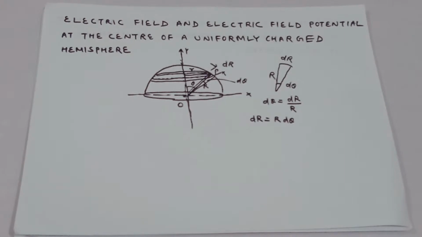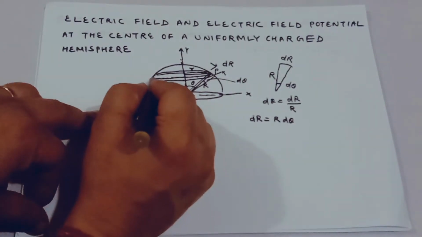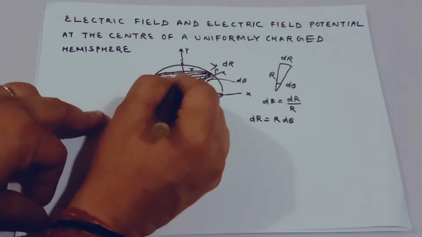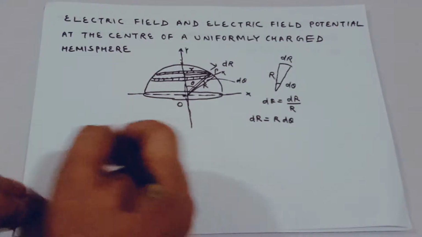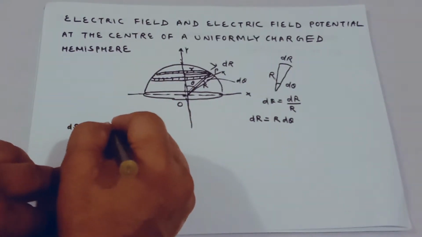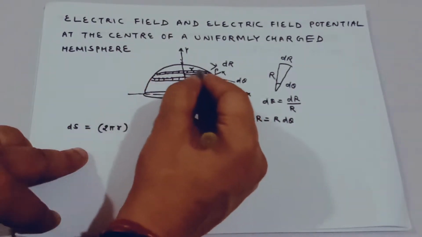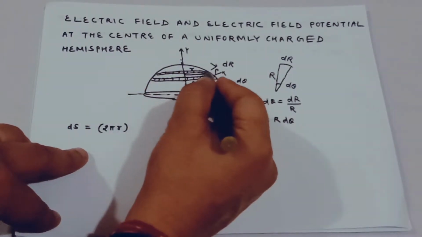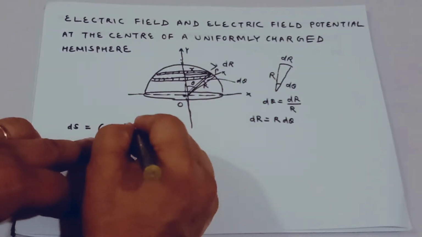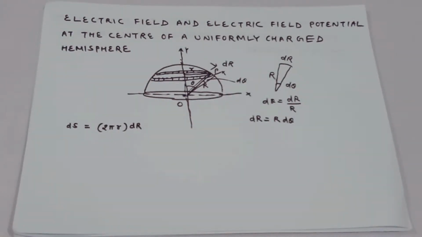Another thing is that you need to calculate the area of this particular strip. The area of this strip, suppose ds, can be written as 2 pi r, which is the circumference of this small ring of radius r, and its thickness is dr. Now you can put the value of small r.